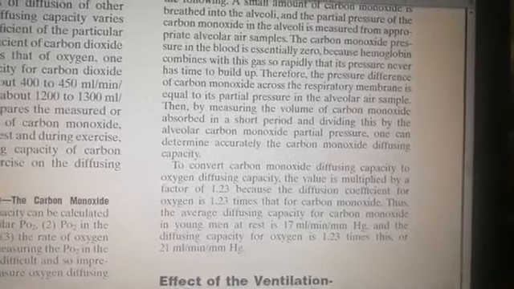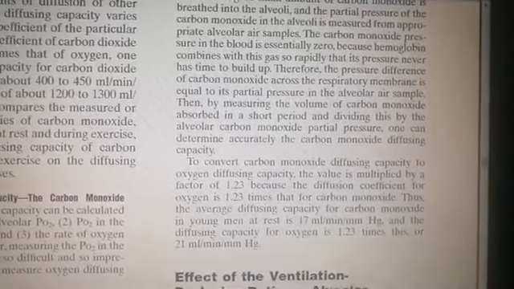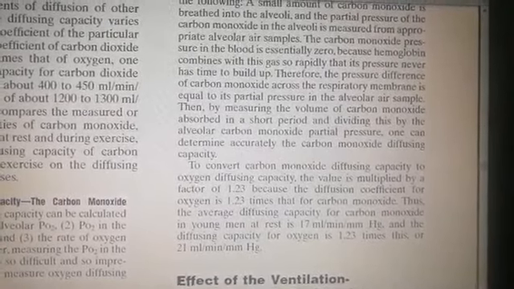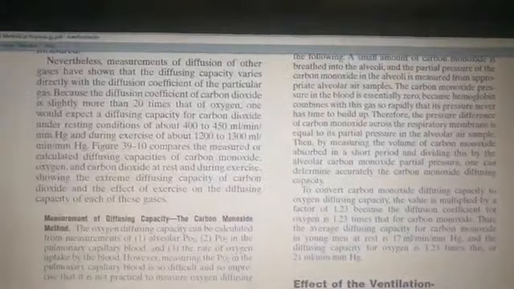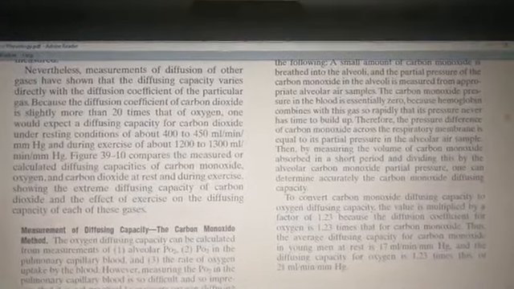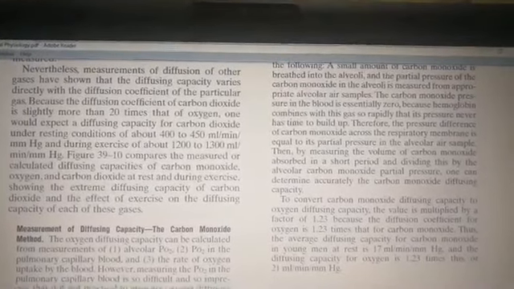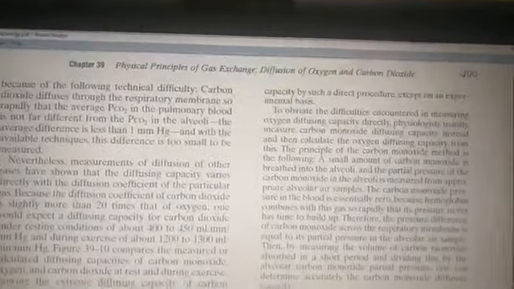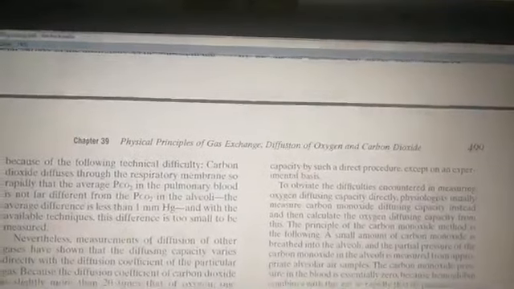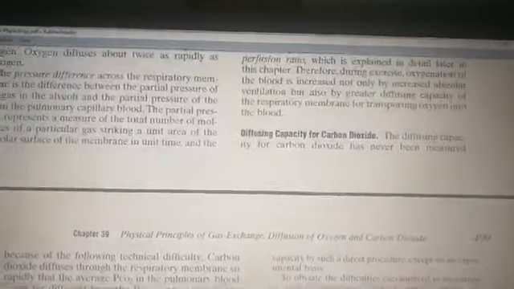So this is all about the respiratory unit, the respiratory membrane, and the diffusing capacity of oxygen and carbon dioxide, and how we can measure the diffusing capacity of oxygen by the carbon monoxide method.